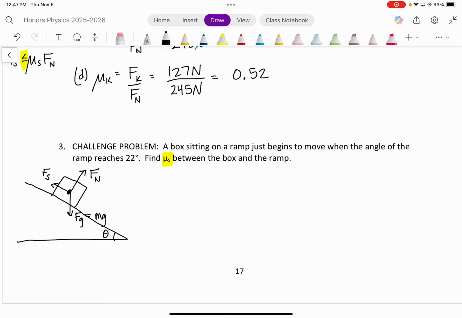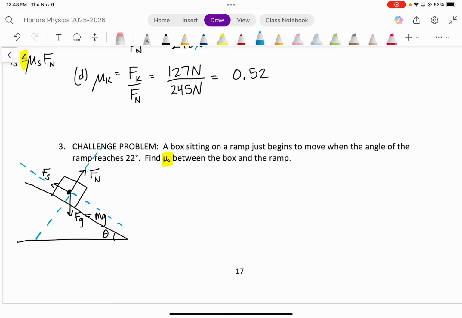Okay? So I'm going to draw the new axis, and then we're going to have one triangle that we need to break up. All right? So here's my x-axis, and here's my y-axis. So we see that on our new tilted axis, normal force is straight up, static friction is straight to the left, and the force of gravity is at an angle.